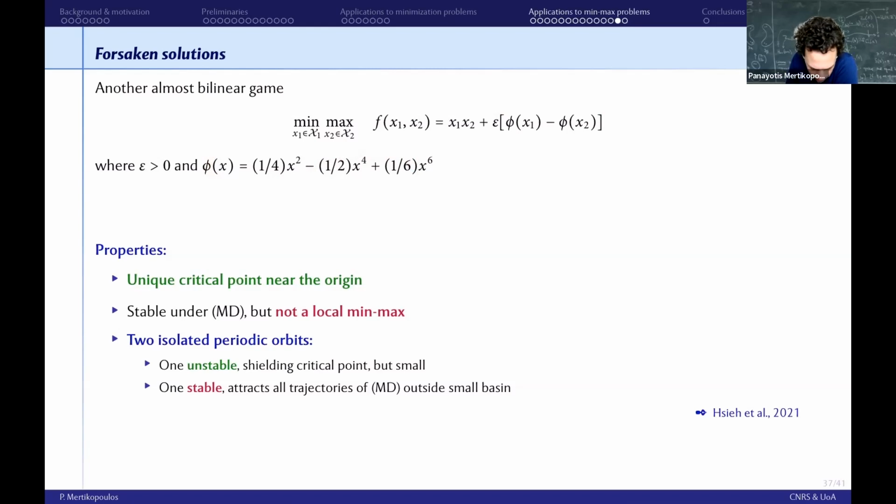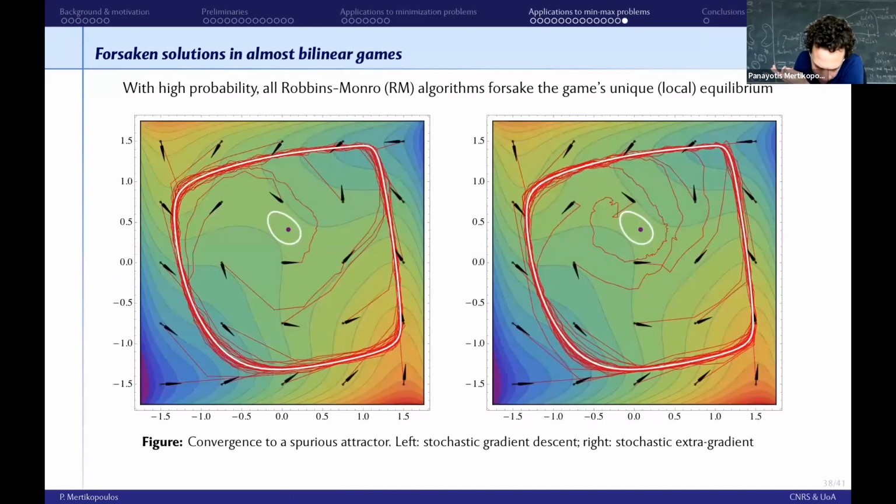But what happens is that when you perturb this, it loses the min-max property, and it is now trapped by two attractors. One of them, the inner attractor, is unstable. The other outside attractor is stable.